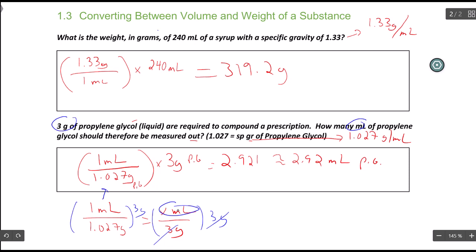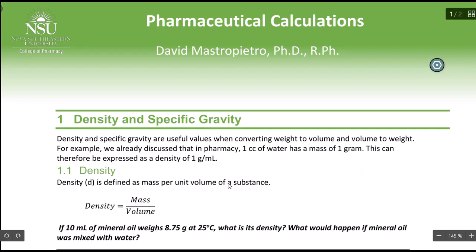Sorry, when I'm going from mLs to weight, I'm multiplying by the specific gravity. So you can do it that way, but I would prefer you to understand what the units are and how you're getting the answer than just memorizing that. So take your specific gravity, get it in units of density, and then do your proportions out. All right. So once again, that's density, specific gravity, and the conversions that we use them for.